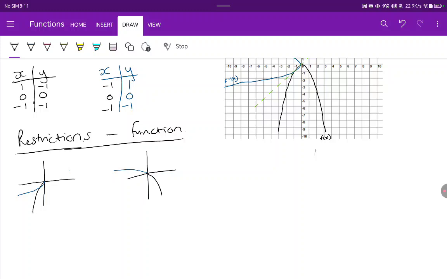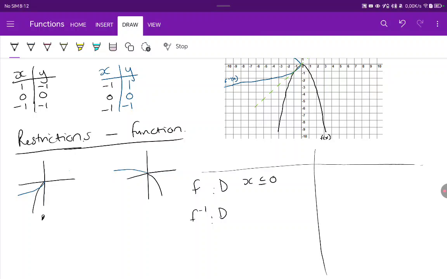Two separate items to make them functions, right? So the first one is going to be the f and then the f minus 1. If we're saying domain for both of them, we're working here right now. So domain is your x values. X's are negative, so x is less than or equal to 0.